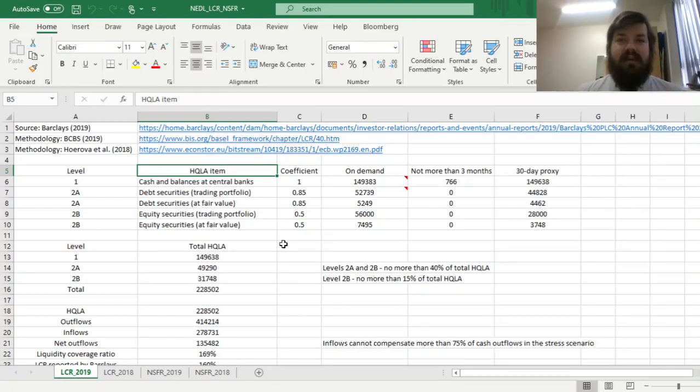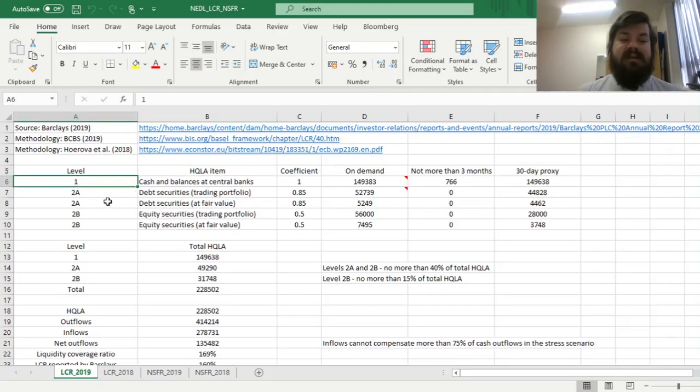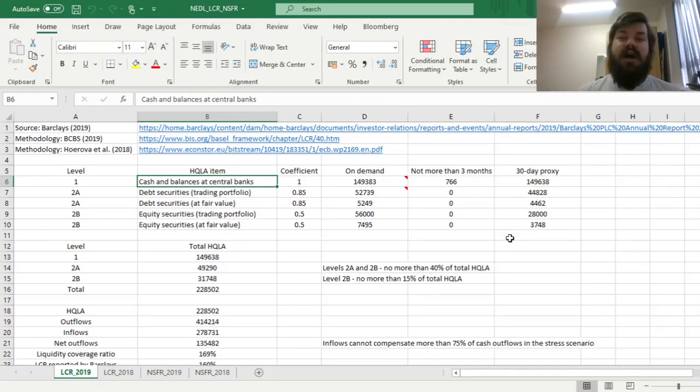Well, Basel uses the distinction between level 1 assets and level 2 assets, further breaking them down into level 2A assets and level 2B assets. Level 1 assets are cash and balances at the central bank, which are very accessible, very liquid, and can be liquidated almost immediately to provide for these outflows. That's why these assets, level 1 assets, have no haircut in the LCR methodology, and they can go into high-quality liquid assets with a coefficient of 1.